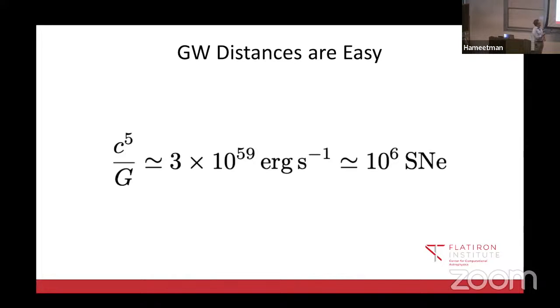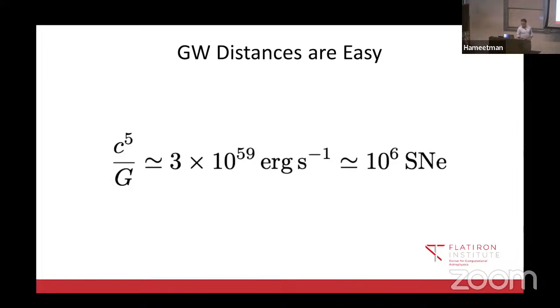This is, up to factors of a few percent, the luminosity in gravitational waves at the end of a binary black hole merger of any mass. And the reason for that is the energy that's emitted in a black hole merger is some fraction of mc squared. That scales with the mass. But the orbital timescales are the speed of light going around at near the Schwarzschild radius. That orbital timescale also scales with the mass, and the mass cancels out. So we have standard candles by default.